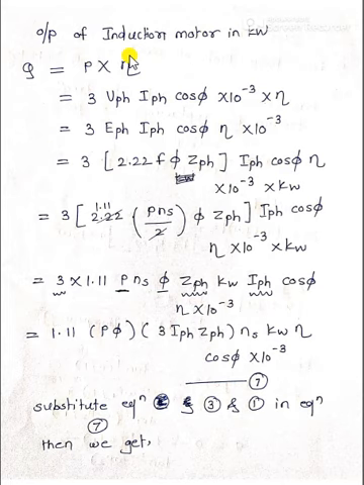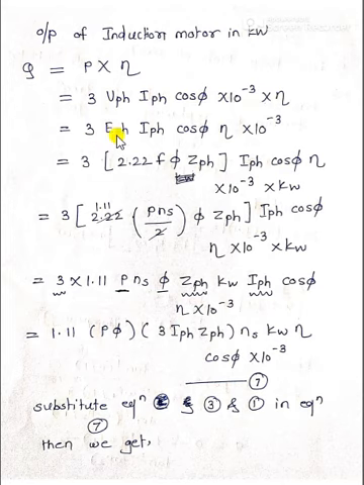Output of induction motor in kilowatt, capital Q, is the output equation, is equal to capital P, meaning input power, into efficiency. So this capital P we already calculated: 3 times V phase I phase cos phi into 10 raised to minus 3 into efficiency. Now next we consider supplied voltage is same as induced EMF.